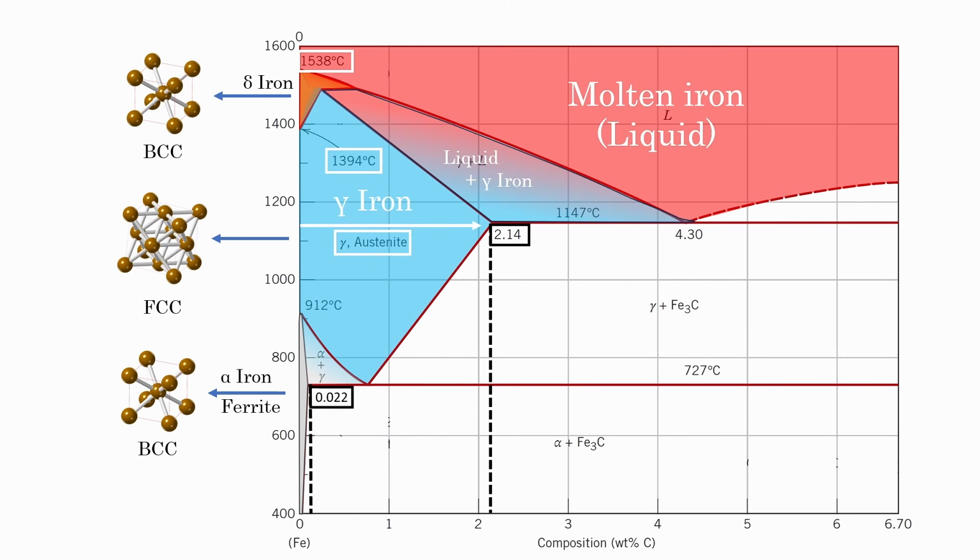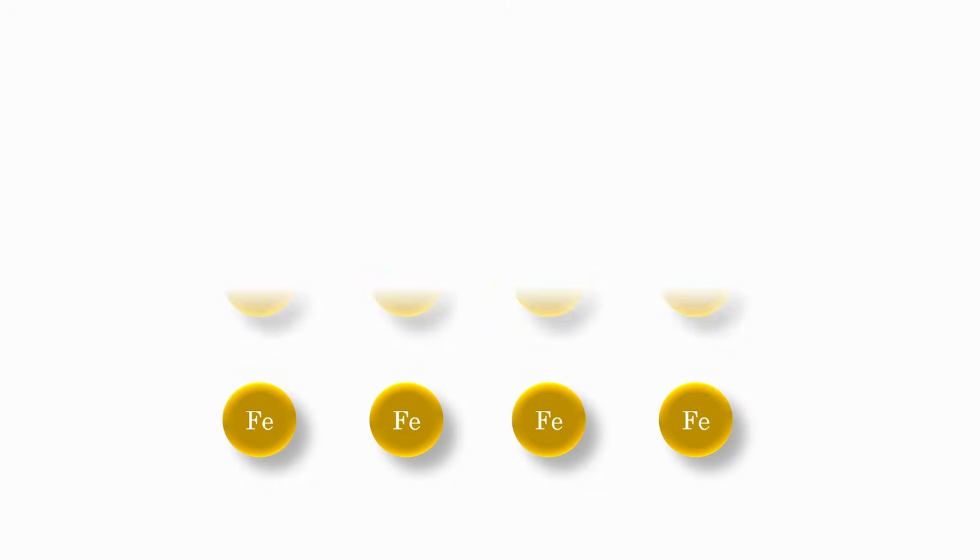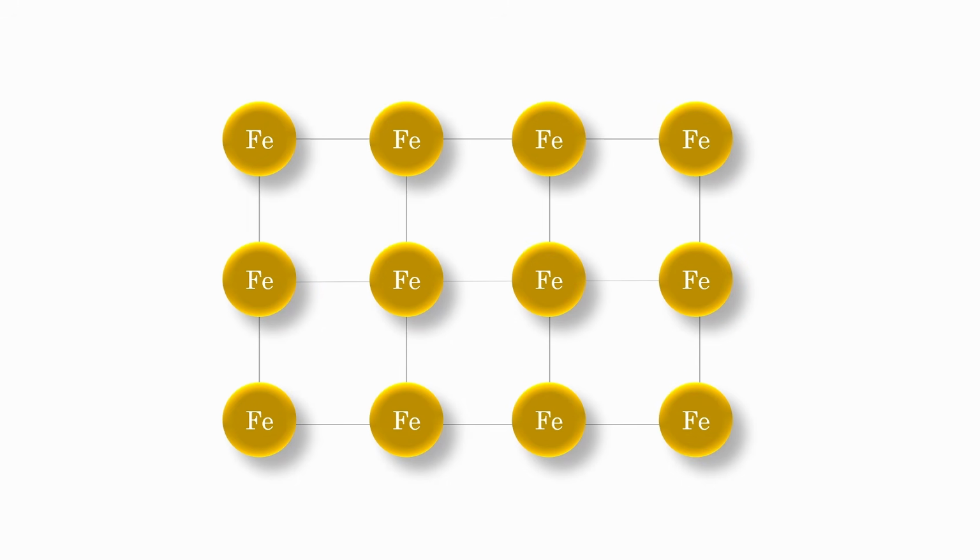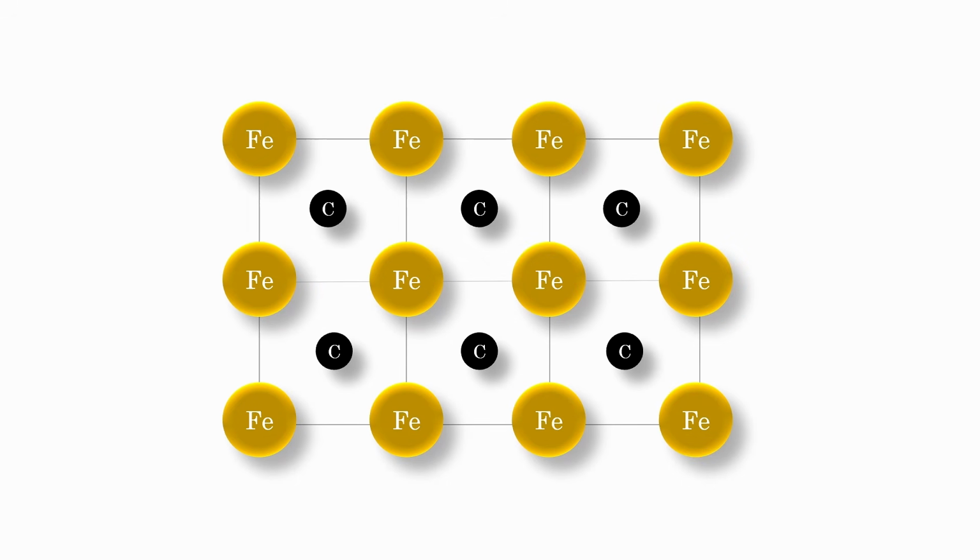Now, if you're thinking the iron has solidified, then how does a solid dissolve another solid? This is possible because of interstitial solid solution. Iron atoms are large, carbon atoms are tiny. So the carbon sits in the empty space inside the iron crystal structure.